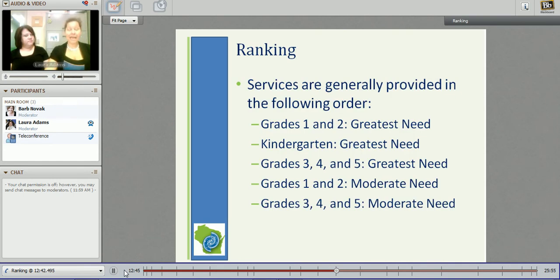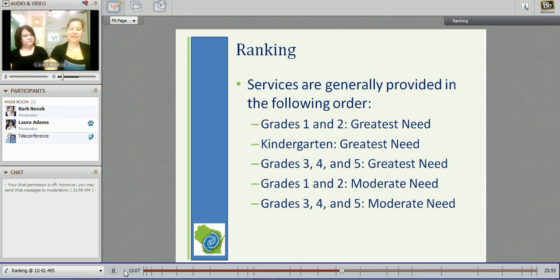So again, services are provided to students in Oshkosh based on an early intervention model, which strives to provide support early in the child's school career in order to eliminate the need for long-term support. So they're also currently taking a look at their system in light of the new SLD criteria.